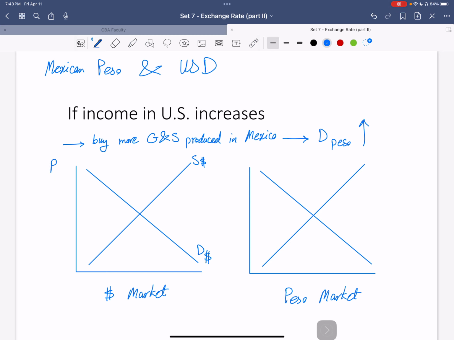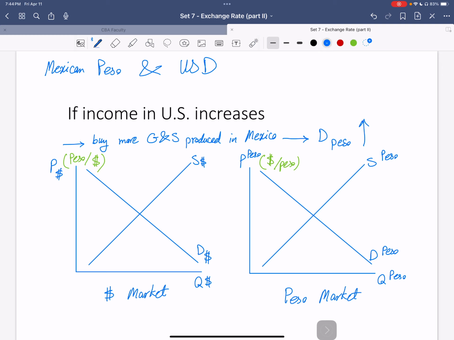So we have price of dollar, quantity of dollar, price of peso, quantity of peso, demand for peso, supply for peso. This will be in terms of dollar per peso, and this will be in terms of peso per dollar.